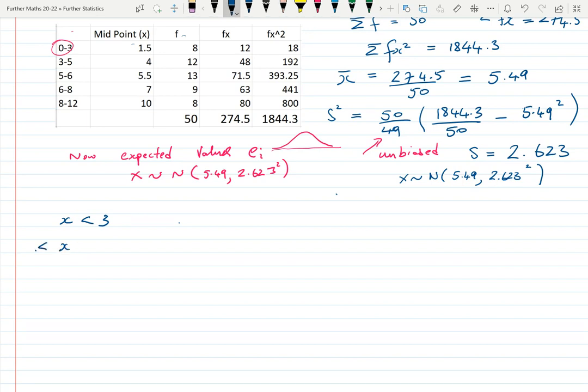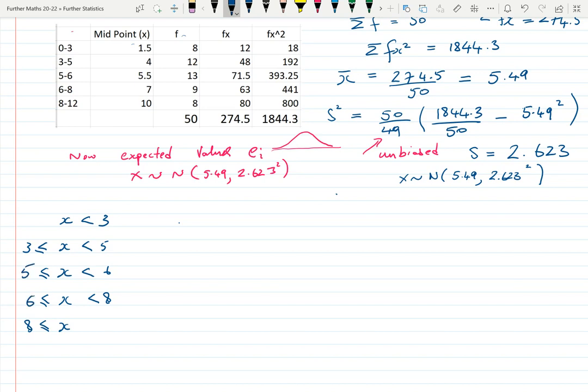And this category here would be between 3 and 5, and so on, 8. And remember, this one wouldn't just suddenly start at 12 there either. So finish at 12. So that's 8, 6, 5.